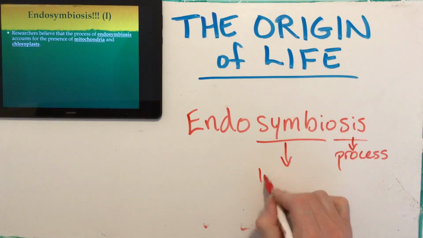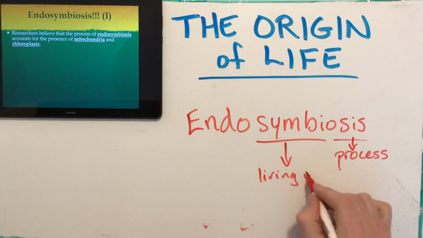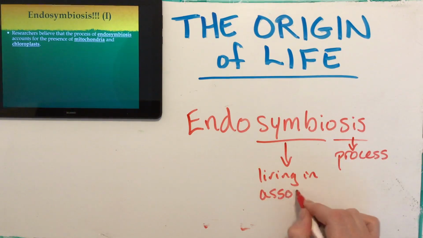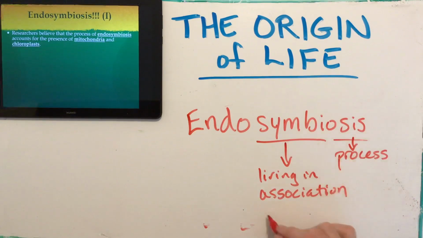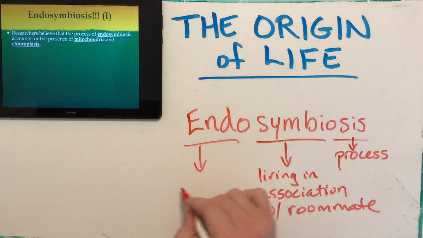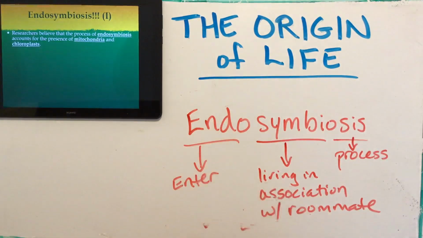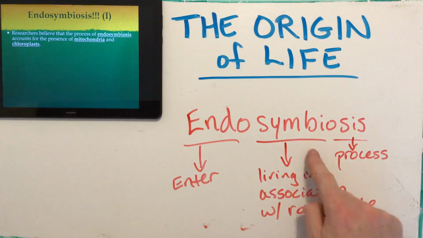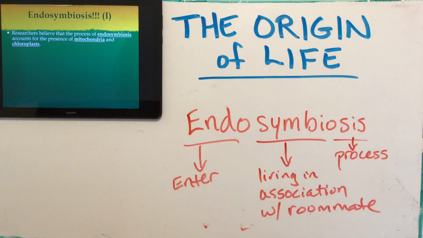So here you're living in association with something else. So I'll just say a roommate. And endo means enter or to come in. All right? So basically, this is the process of something entering the cell and living in a close association with it. All right? Now, if you remember our symbiotic relationships, there were 3 of them.